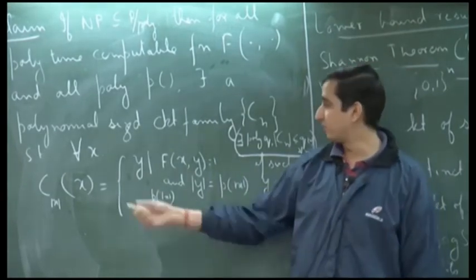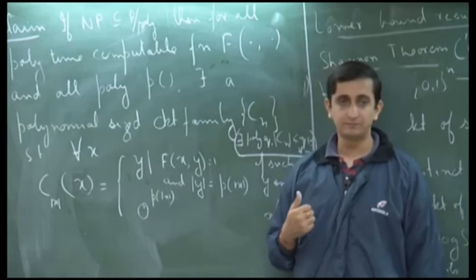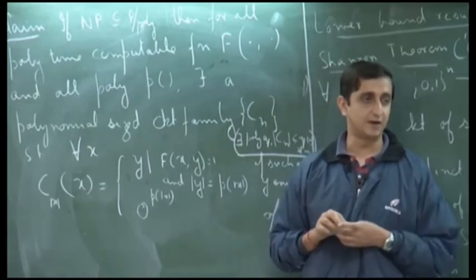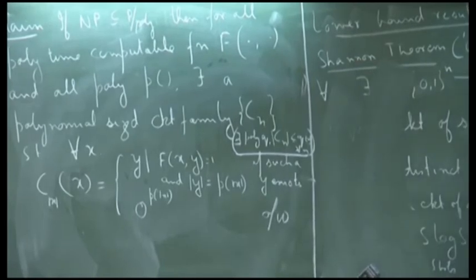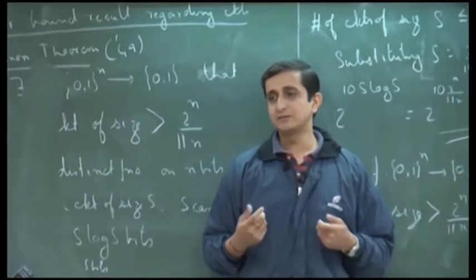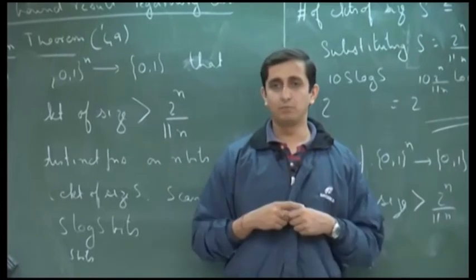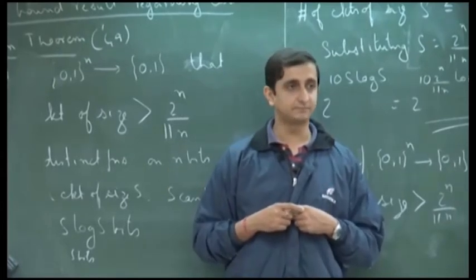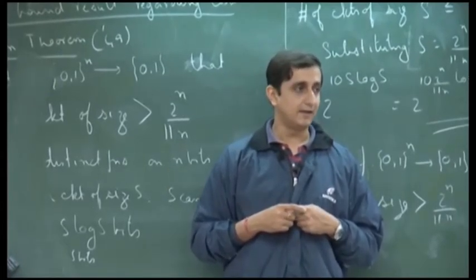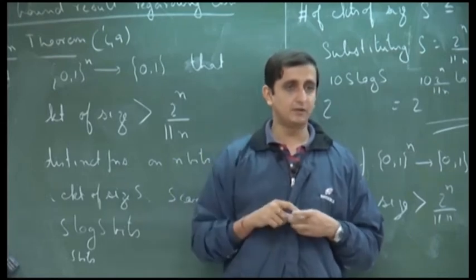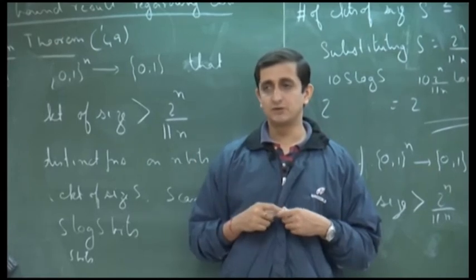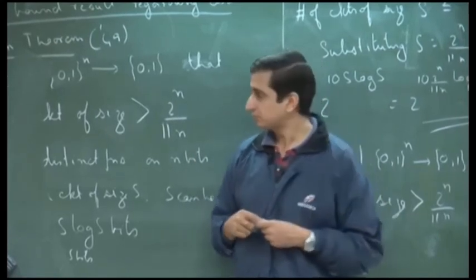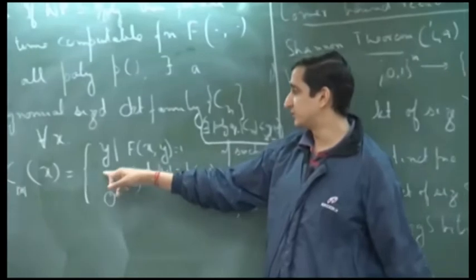We are outputting a string, not just one bit, and we said yesterday that it is very easy to generalize. We can just look at circuits which have more than one sink, and each such sink corresponds to one bit of the output string.